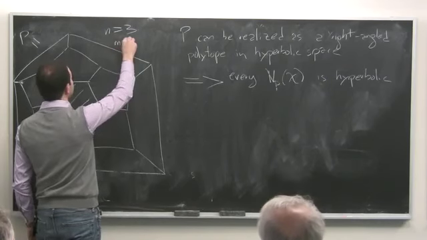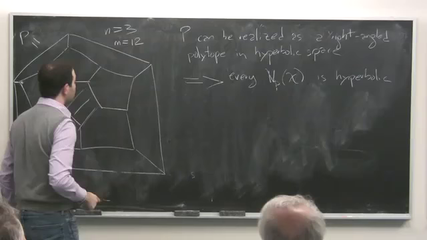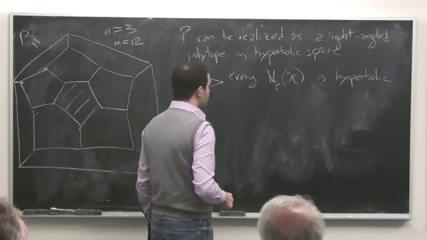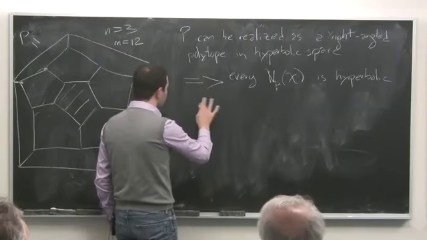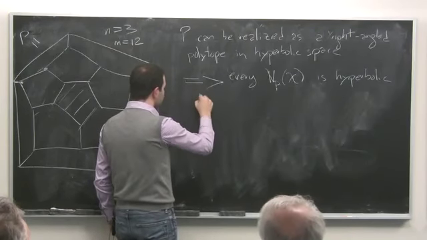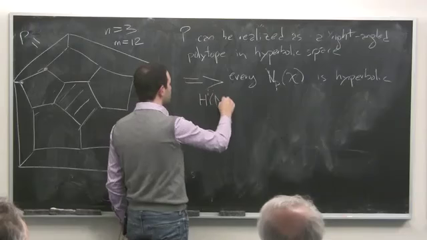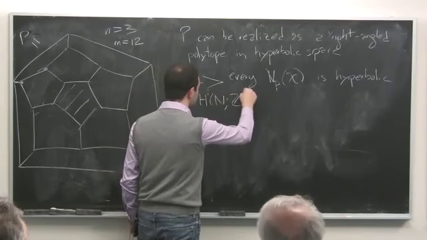The number of facets is 12. I said before that H_i of N with Z_2 coefficients was already known.